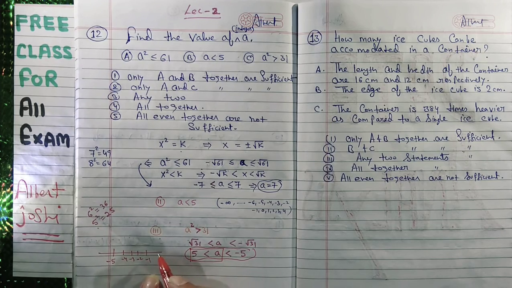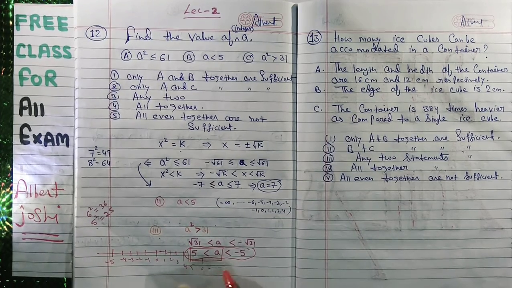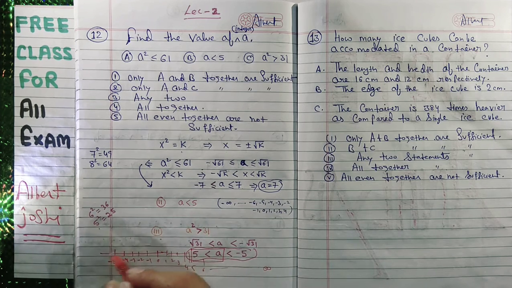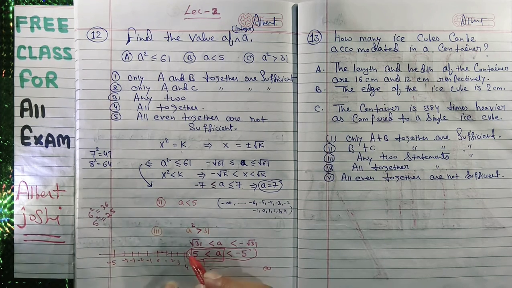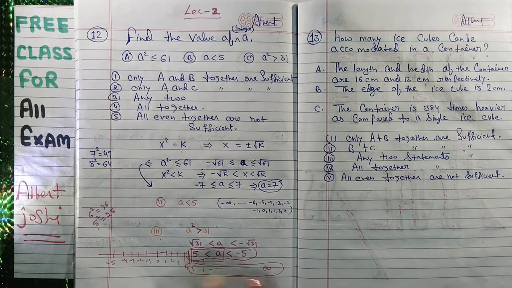And a is greater than 5 means all the values are coming: 0, then 1, then 2, then 3, then 4, then 5, then 6, and so on to infinity. So it means that your a is greater than 5 and also a is less than -5. So this value will not come, but these values will come: 5, 6, 7 to infinity.